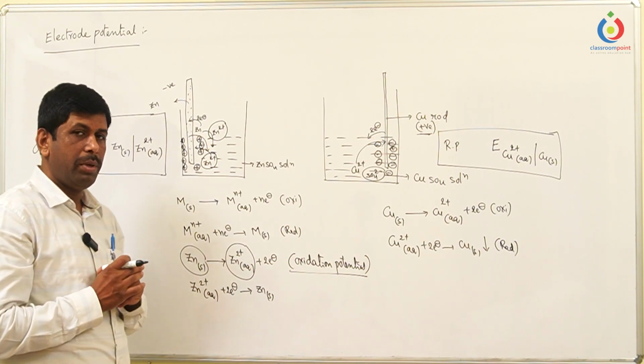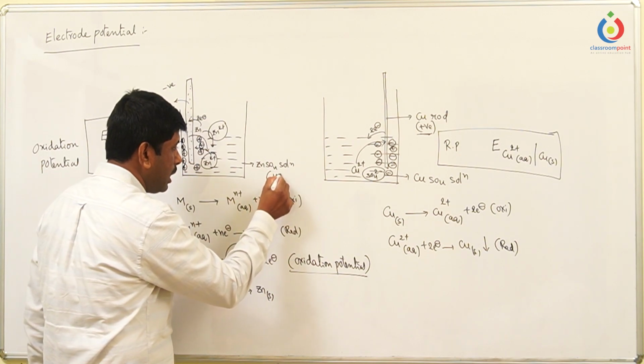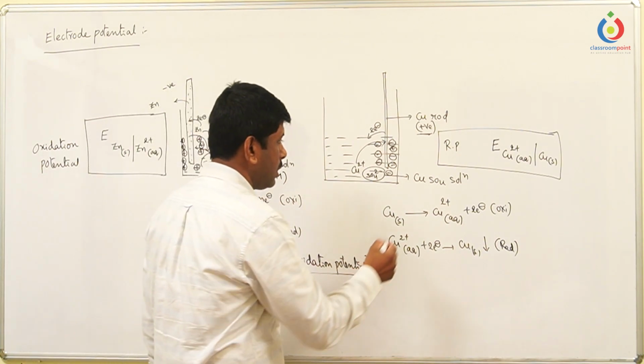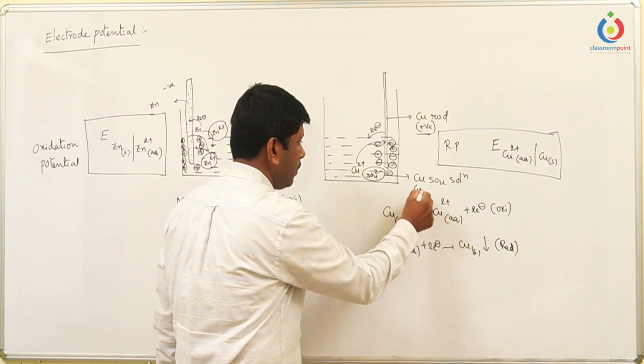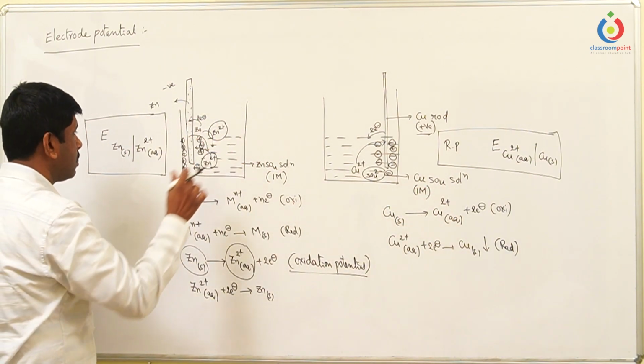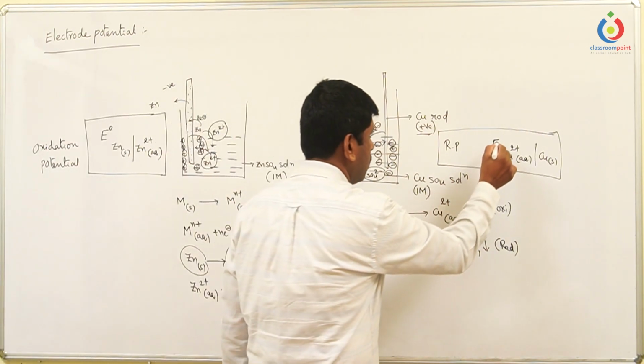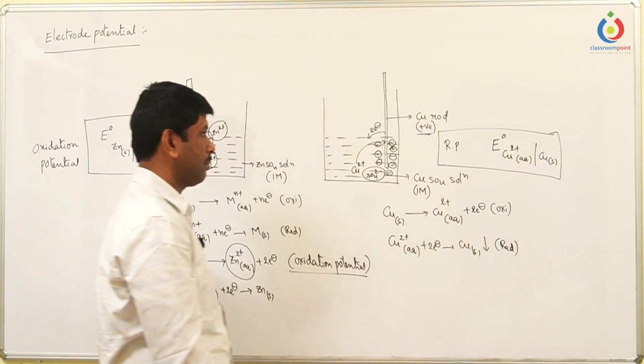During the measurement of these electrode potentials, if the electrolytic solutions are taken in unit concentration, that means 1 molar, then these electrode potentials are known as the standard electrode potentials, E0. E0 represents the standard electrode potential.